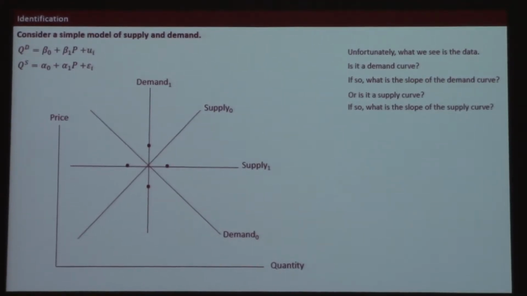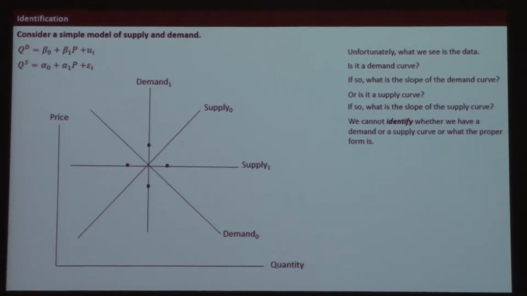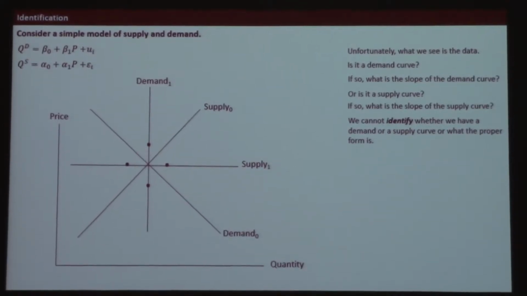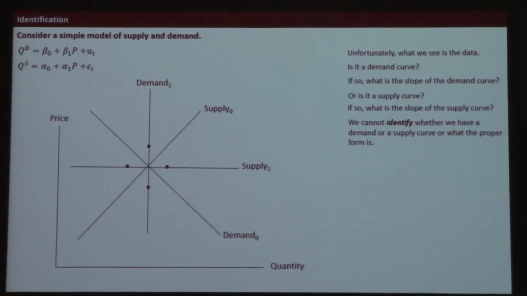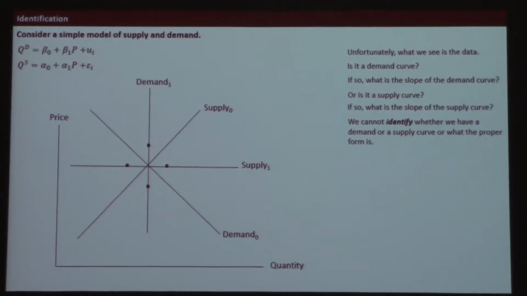So this is called the identification problem. We can't identify which one of those is the correct curve. By the way, none of those are correct. Every one of those is wrong, but they're all plausible mathematically.